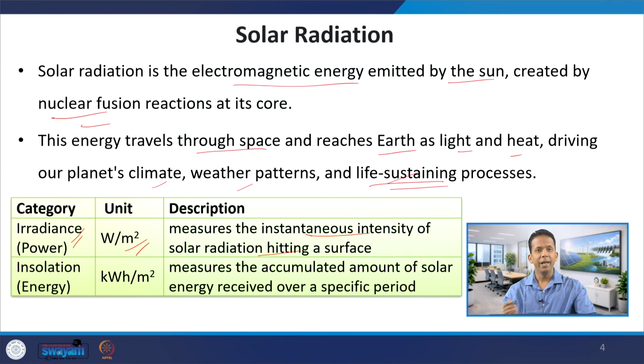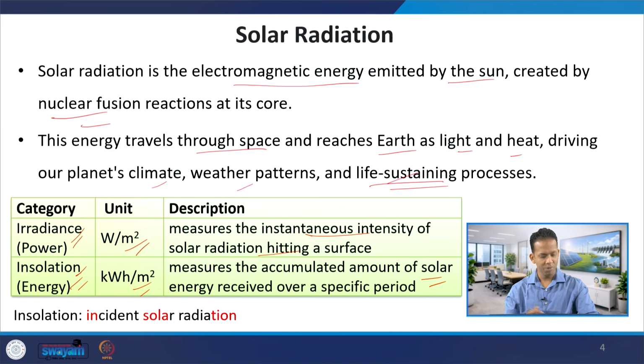And when we talk about energy in kilowatt hour per meter square, it tells us the accumulated amount of solar radiation collected on an area over a specific period of time, and the term is called insolation. The term insolation is actually made from the initials of three terms: incident solar radiation.